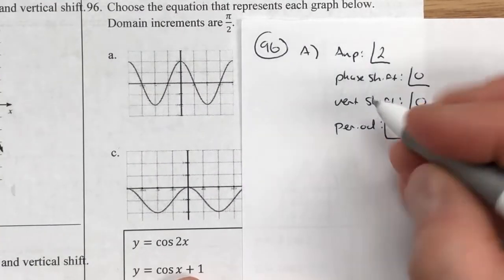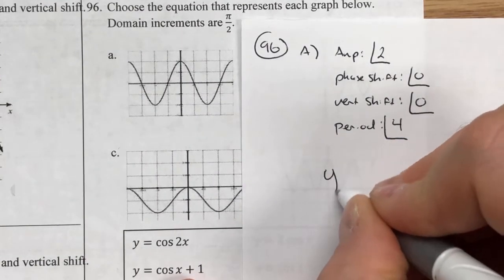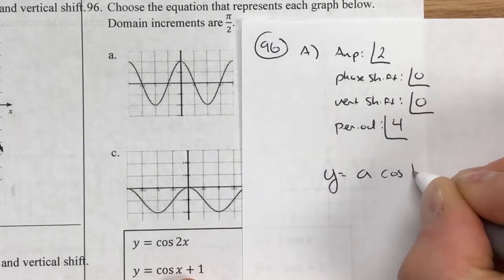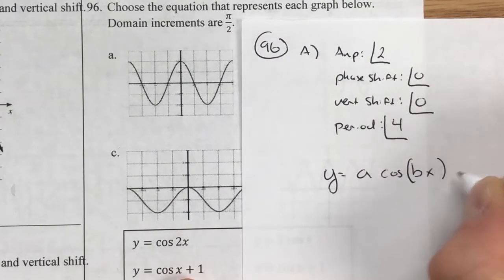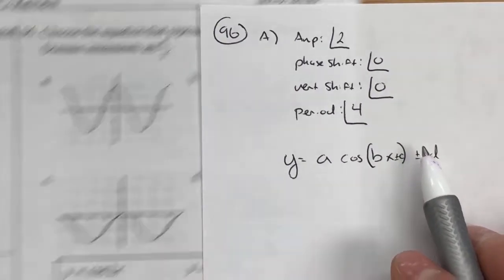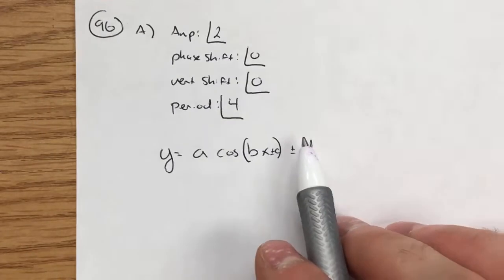So for this, we know that the equation is going to be y equals a cosine of bx plus or minus, we'll call it c, plus or minus d. And so let's plug in the information we know into this set of equations.